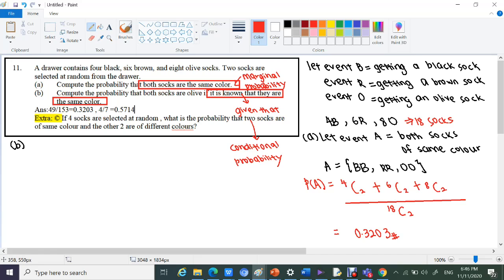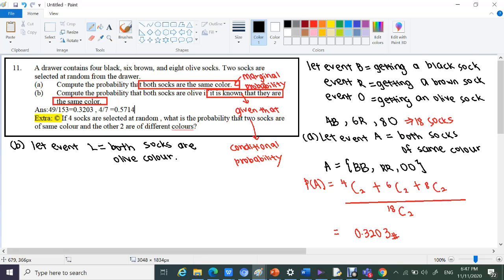So first thing, we are going to let, or we just use a black pen, let event L equal to both socks are olive color.